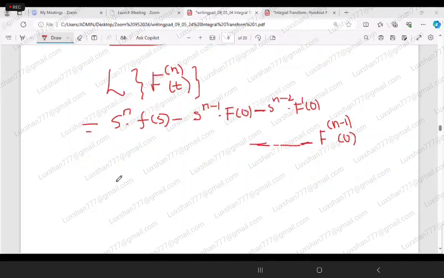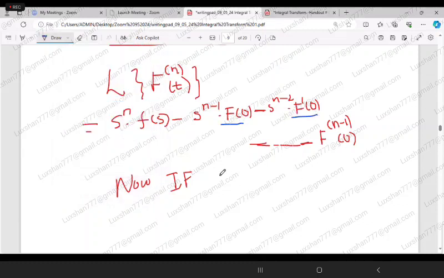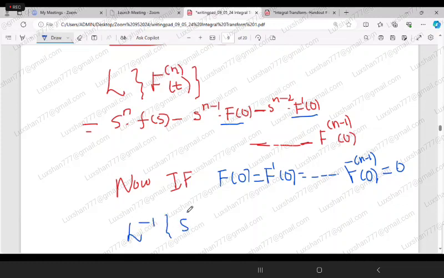So now, if these terms, f(0), f dash 0, are all 0, if f(0) equals f dash 0 equals and so on up to the last one equals 0, then we can say that the inverse Laplace transform of s to the power n into F(s) is the nth derivative of f.